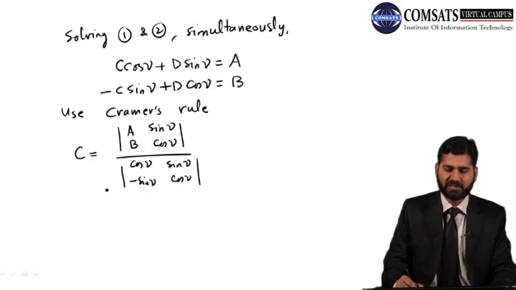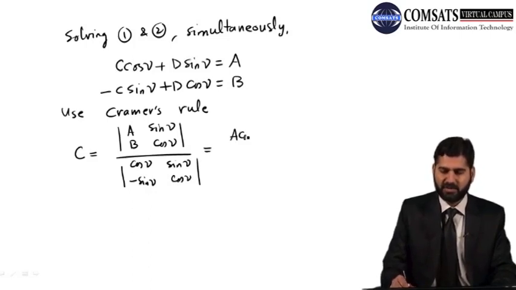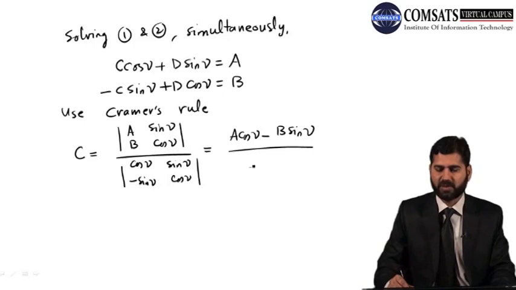This should be your c. So c is a cos nu minus b sine nu divided by cos square plus sine square, which is 1.